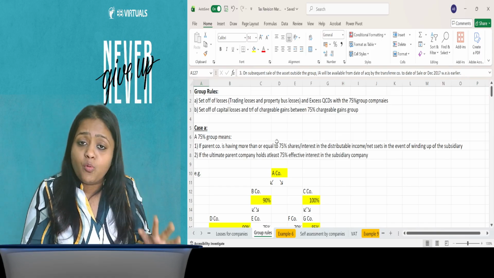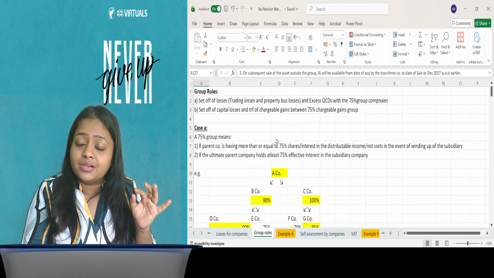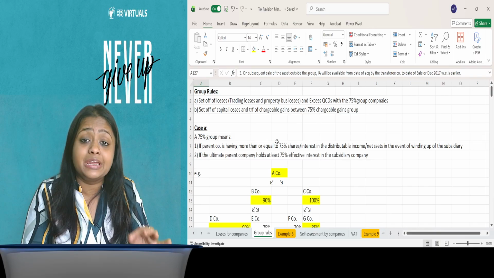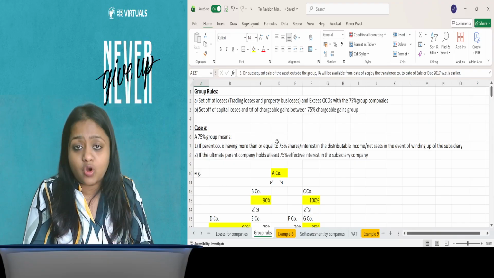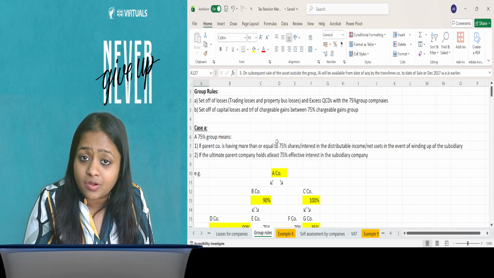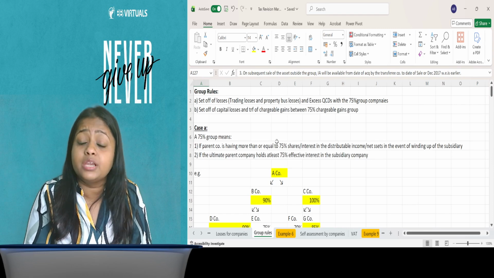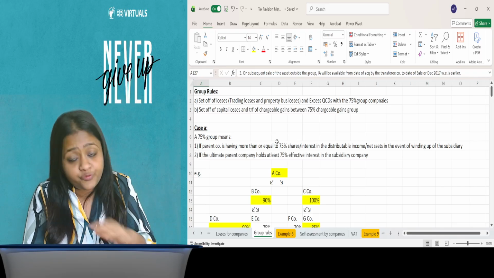Now, number one, current year trading loss can be surrendered in full, which means the company which is surrendering the loss can surrender the full current year trading loss even without adjusting it with its own current year total profits.